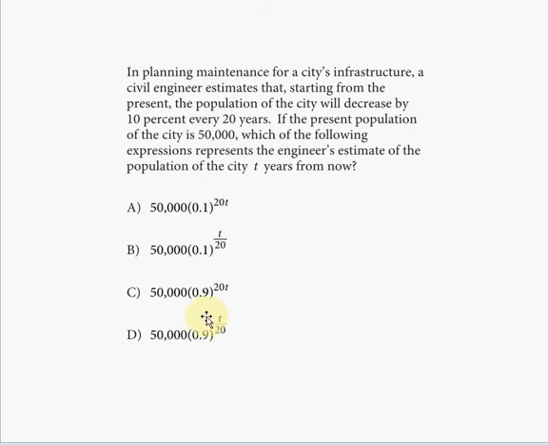So you would have 90% of the population in 20 years, and then 90% of that population in 20 years' time after that. So in 40 years' time, you will have 50,000 times 0.9 raised to the second power. So this function makes complete sense with what is described here. Okay, so answer choice D.